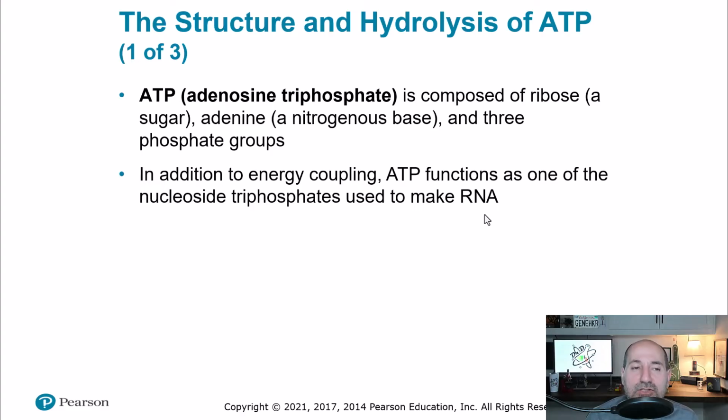There are two functions for ATP, not just energy, but also you could use it as the A's in RNA, right? RNA uses A's, G's, C's, and U's. Remember that? Well, the A's are ATP. It's just really interesting to understand that concept. But again, what makes ATP a nice high energy molecule? Let's talk about that next.